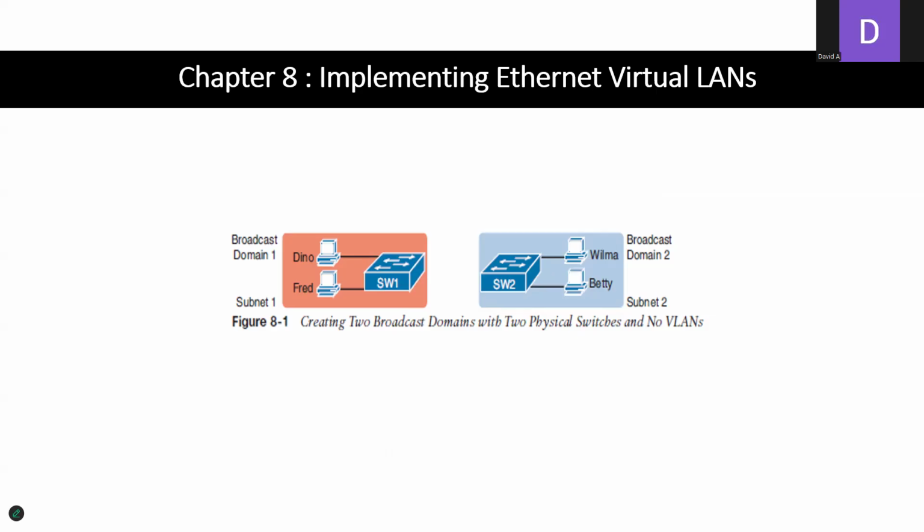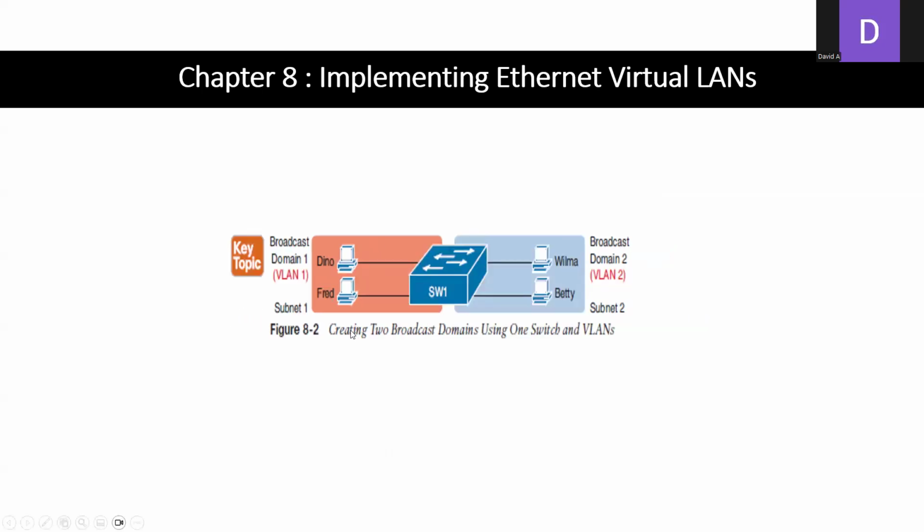If we use two VLANs, now one switch can have two broadcast domains. We can accomplish the same design that we have here, as far as splitting up the broadcast domains. Let's go up a slide.